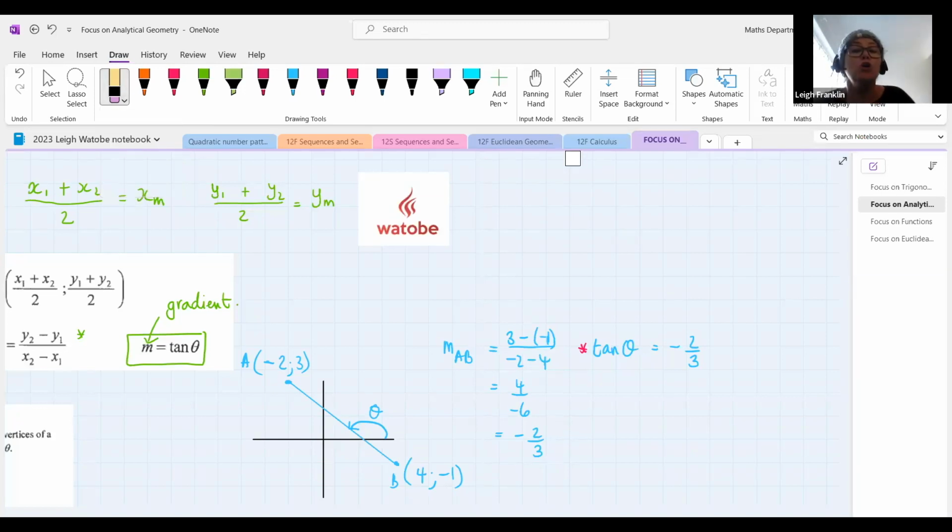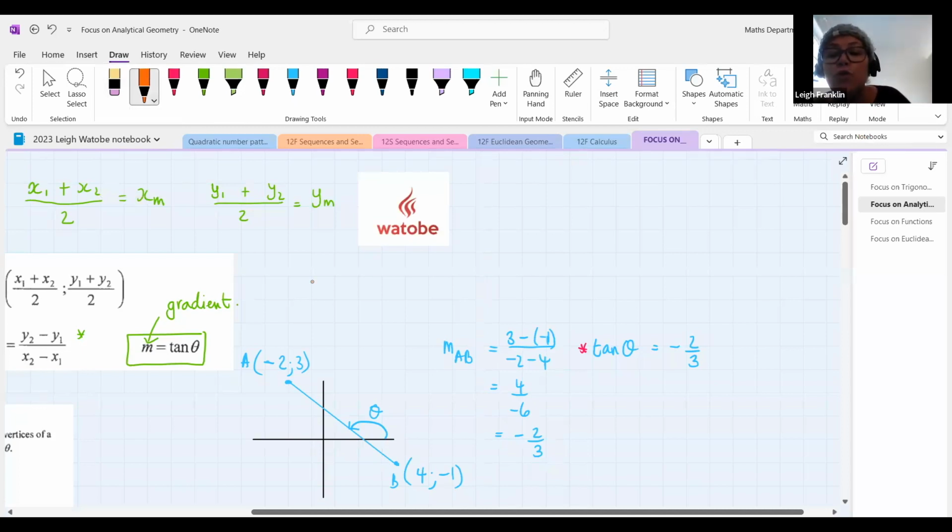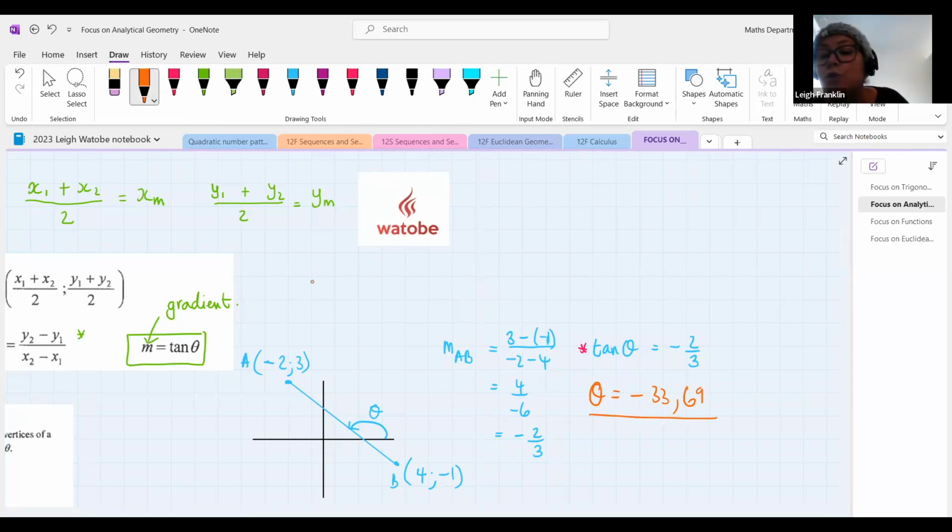Okay. So it's okay to do that, it's not the way I teach it. It's okay to do that, but then you also cannot write theta equals negative 33,69 because this is also wrong. Okay, what you've actually calculated when you do this is this angle over here.